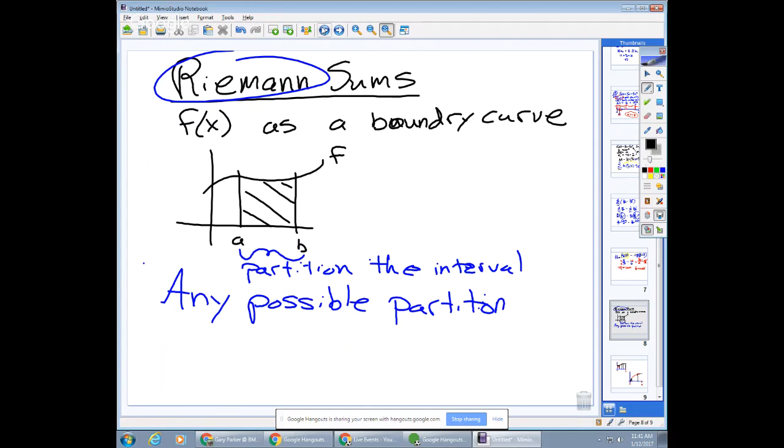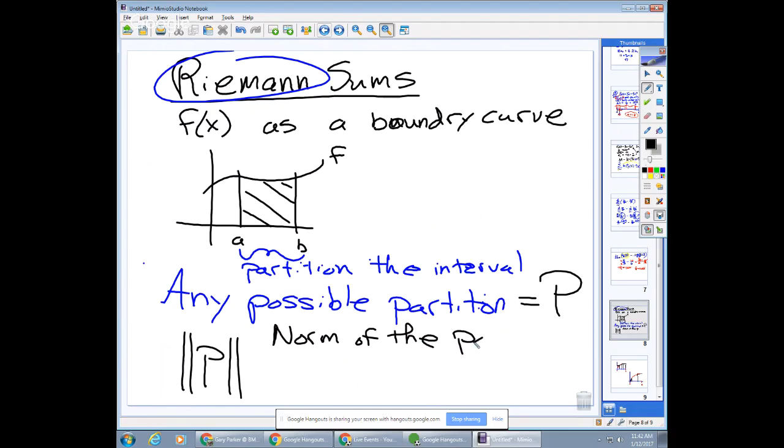The partition, we usually call it capital P. And then in the book, you'll see double bars around the P. And they call that the norm of the partition. All the norm of the partition is the biggest width in the partition. Okay.